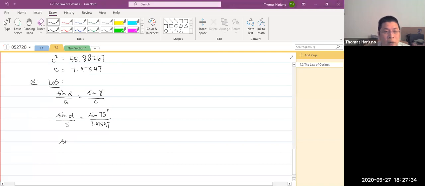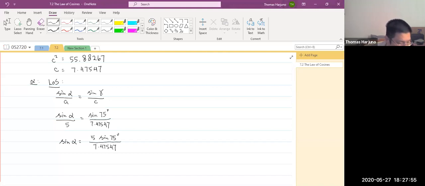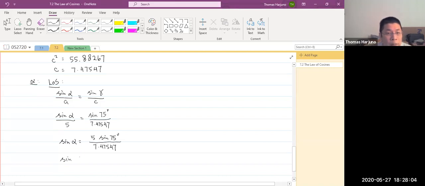So sine alpha will be 5 times sine 75 degrees over 7.47547. I get sine alpha equals 0.64606.